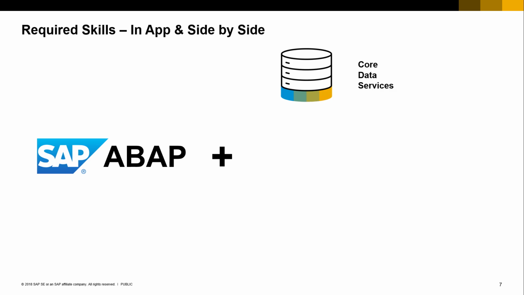CDS views can be used just like any other ABAP data dictionary artifact in your ABAP programs. Core data services are defined using a platform-independent CDS data definition language to define the CDS views and CDS table functions that implement a semantic data model in the ABAP dictionary.